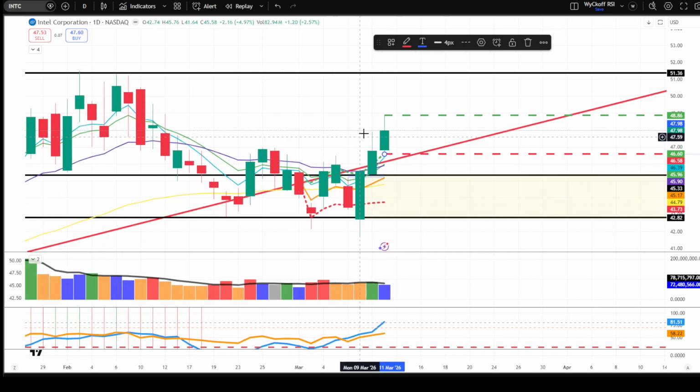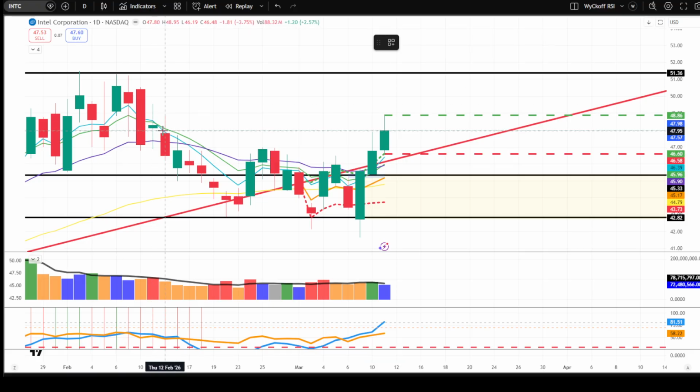As you can see, yesterday it closed at 46.77, and even though it had this high here at 47.93, it pretty much closed at yesterday's high. So that's another thing to mark off because that's probably a strong area.